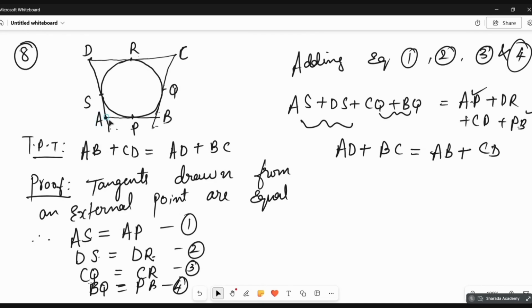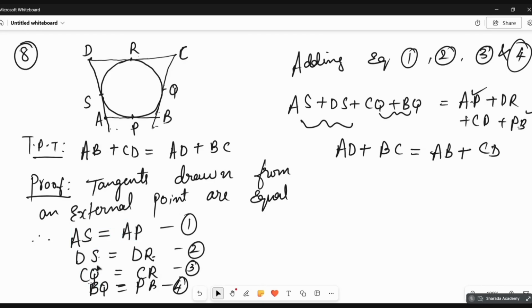So AS is equal to AP, BP is equal to BQ, CQ is equal to CR, DR is equal to DS. While writing, AS and DS will come on the same side. If you write in a different way, after writing you can rearrange.